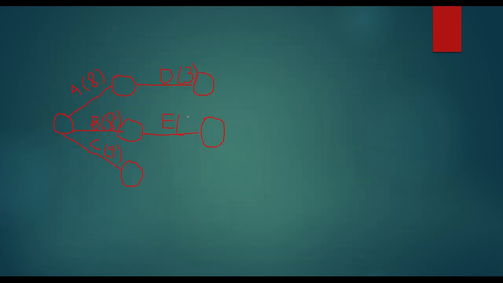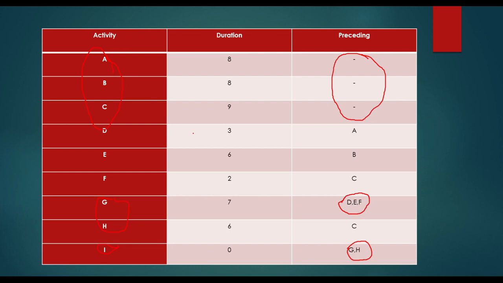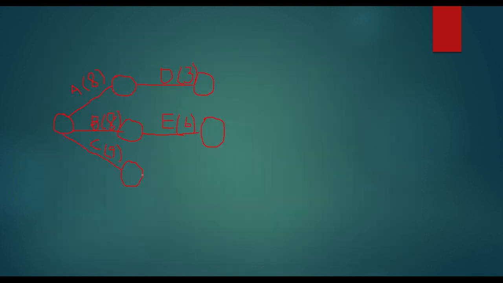So here I will write 6. Okay, like this. Then next is F. For F, the preceding activity is C. So where C is ending, I'll start F. Okay. So here I will write F. 2, like this, right?